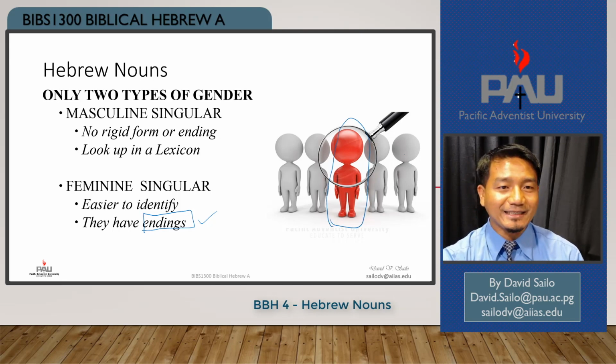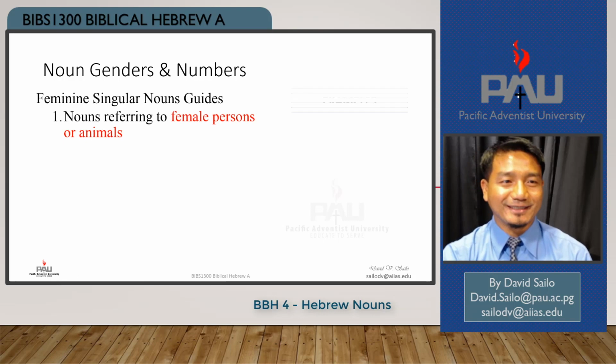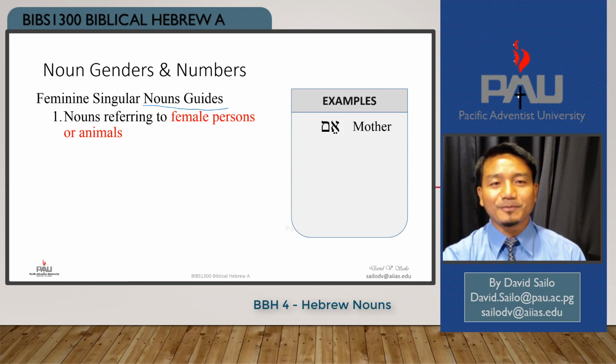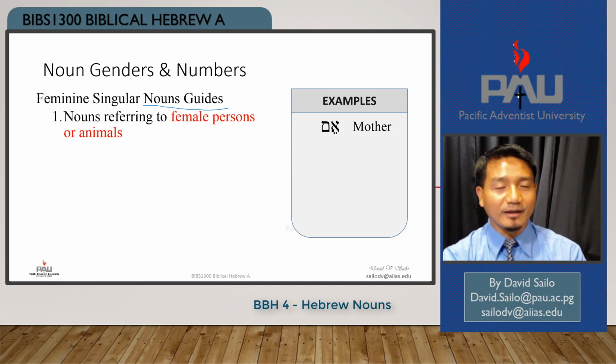So the endings are going to be very, very crucial. Okay, let's look more into feminine singular nouns. Why not masculine? Just because they don't have any pattern that we have to memorize, but feminine singular nouns have some pattern that we can follow, with which we can identify that this is a feminine noun.